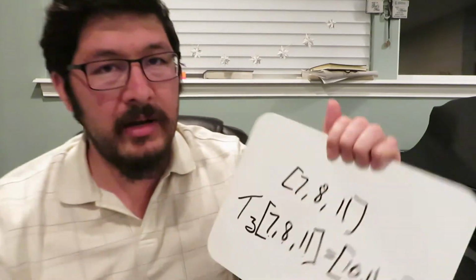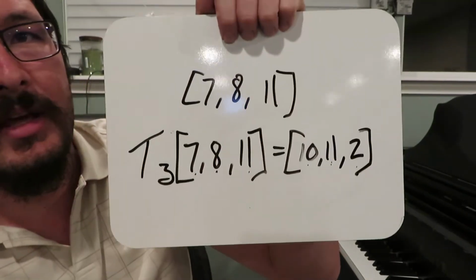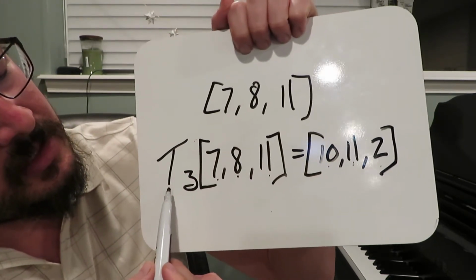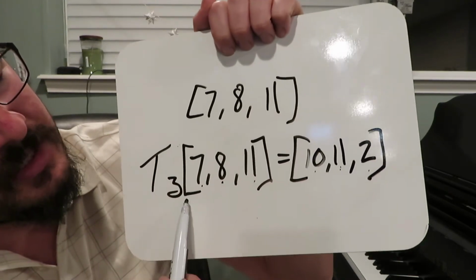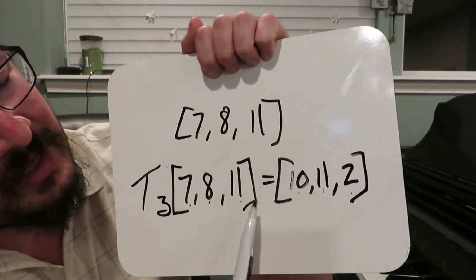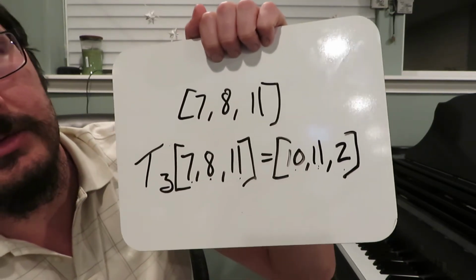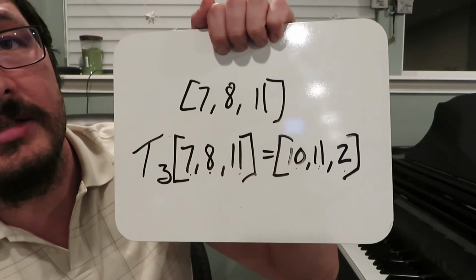So what I wanted to talk about is the notation that we see here. This notation is very important, and we would read this as such. The transposition by 3 half steps of pitch class set 7, 8, 11 is equal to the pitch class set 10, 11, 2. Very important to be able to read this like this.